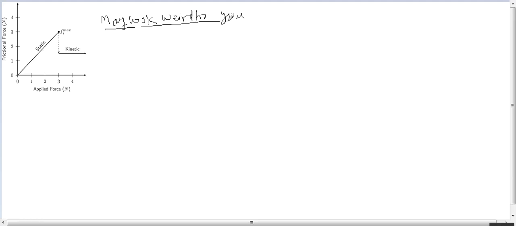Okay guys, so we are here for you. So the graph will be something like this. Okay guys, the maximum force, if you see, the friction force is generally variable.